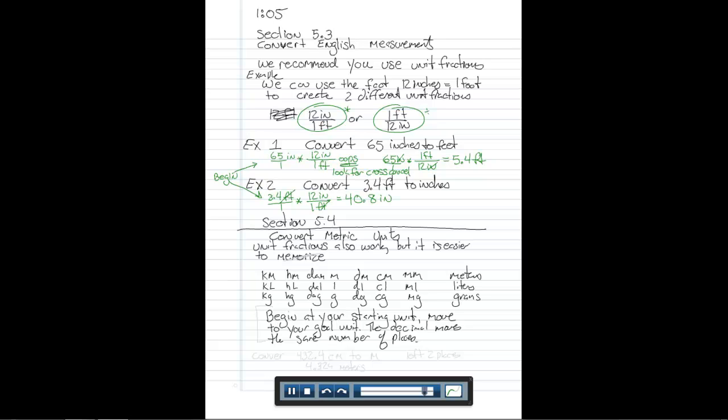Begin at your starting unit, move to your goal unit. The decimal moves the same number of places. So that's supposed to say: begin at your starting unit, move to your goal unit, the decimal moves the same number of places.